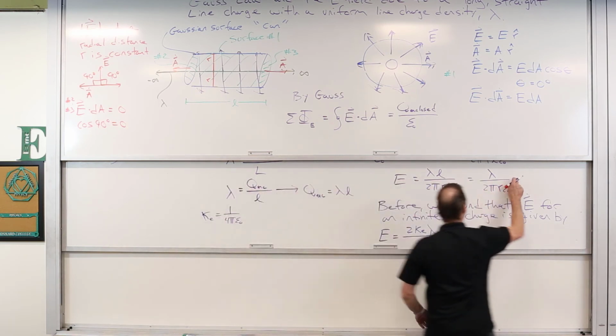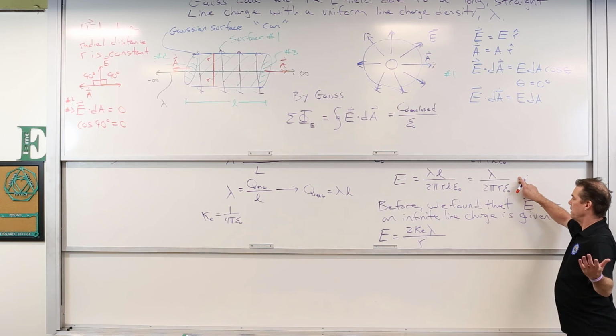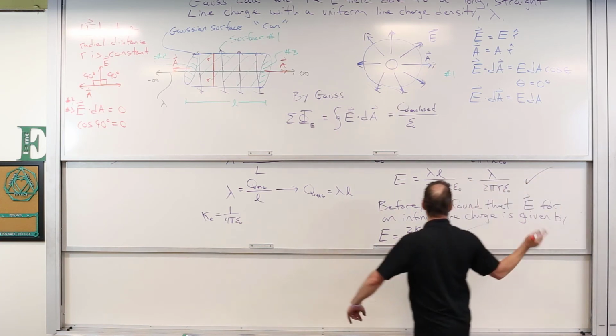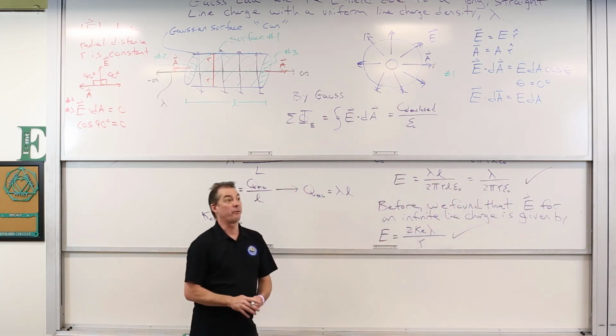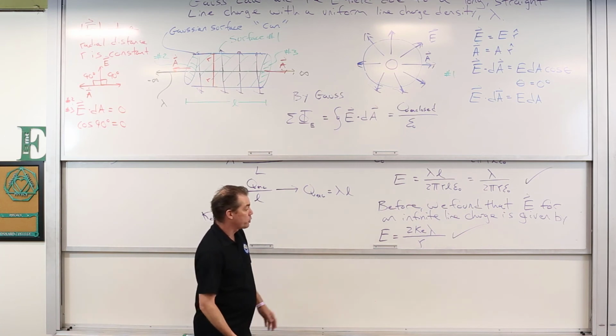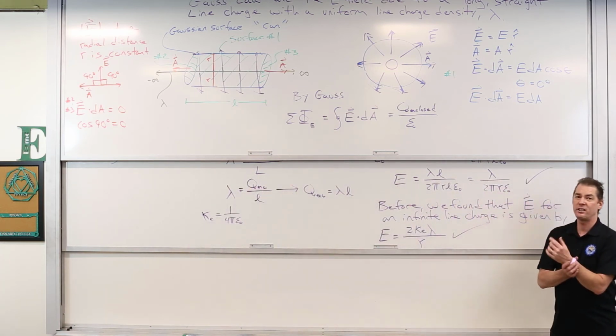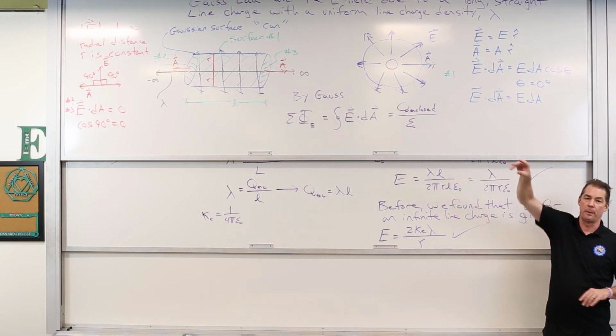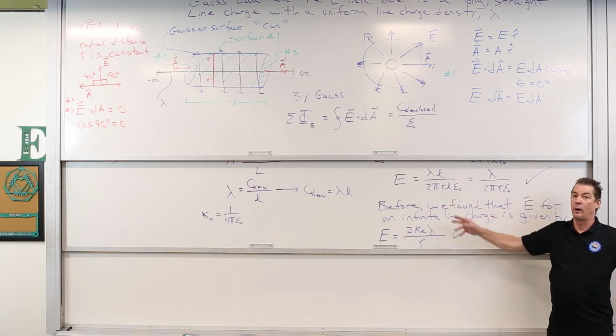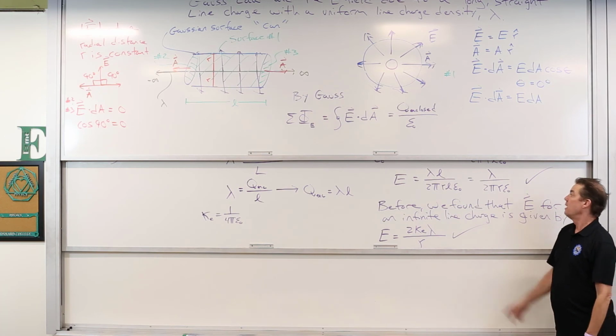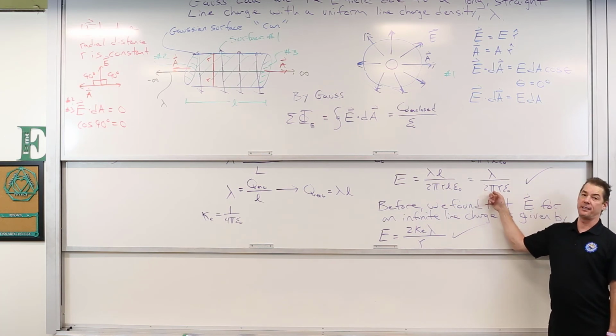Well, we get this right here. That's it. Check, check. Something that we already knew, but if you remember what we had to go through in order to figure out what this was for the infinite line charge, we had to take the segment, look above the midpoint, and then look at an infinite approximation. This ends up being a lot easier.